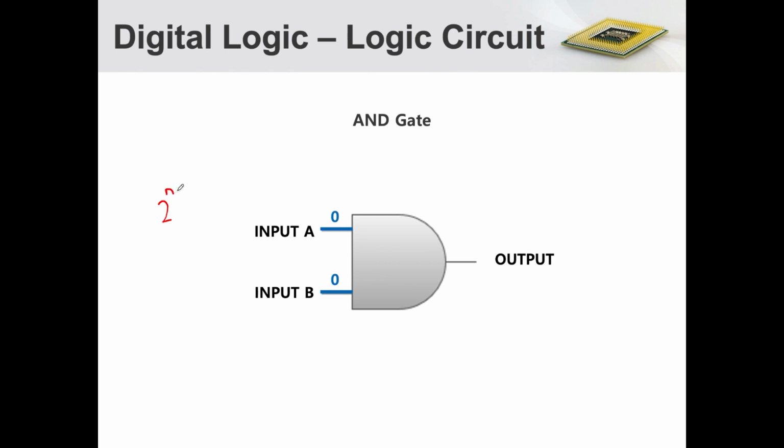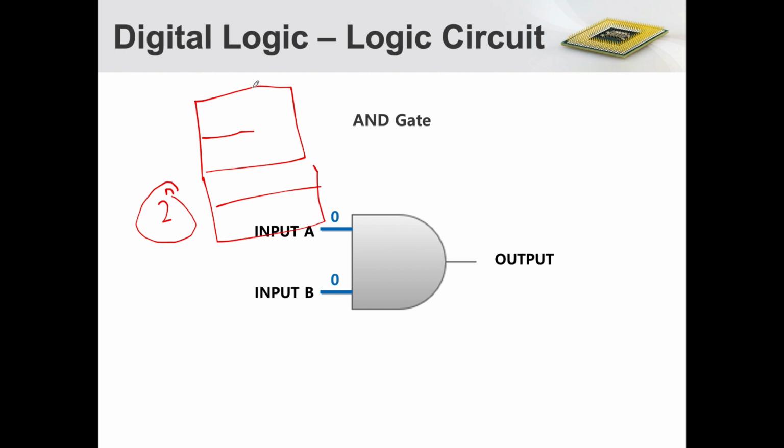I forgot the mathematical form, but please ignore that first, because in the truth table you're going to have 4 possibilities. So over here you have 0 0 as the input, and then 0 1, and then 1 0, and then 1 1. So this is only 4 possibilities if you have two inputs.